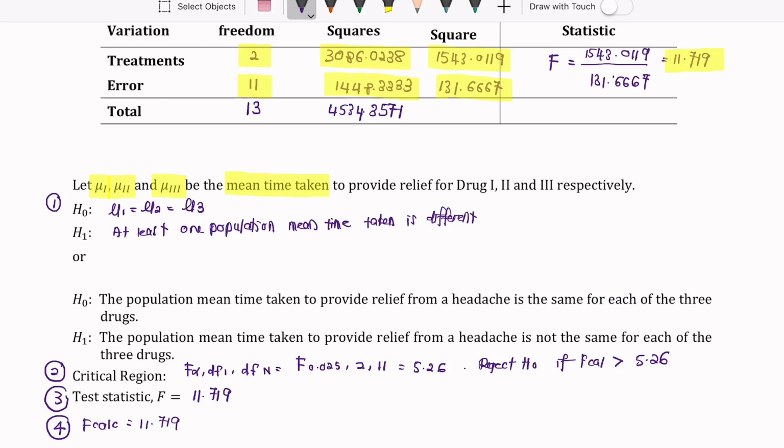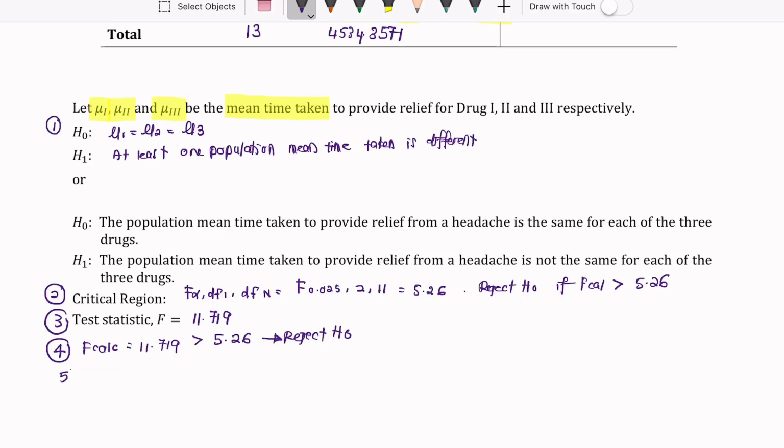Since 11.719 is greater than your critical value 5.26, then you reject H0. Your conclusion should be, since you reject H0, then you have enough evidence at 2.5% significance level to conclude your alternative hypothesis.